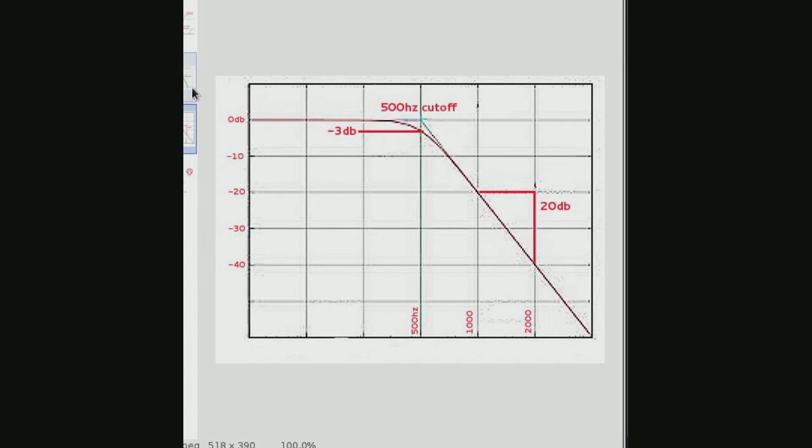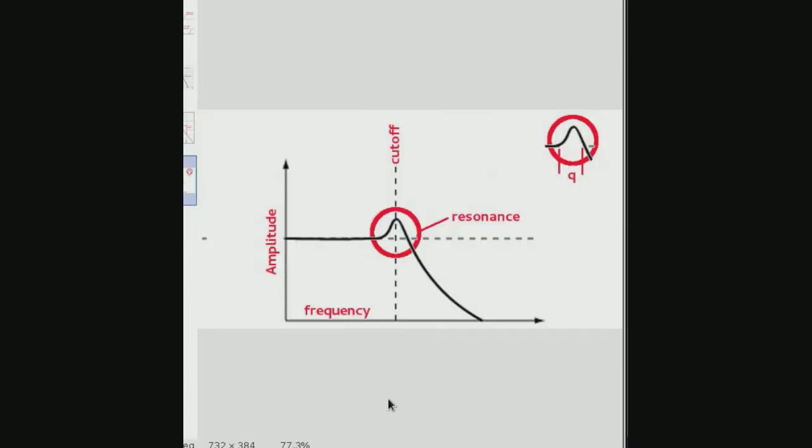Now, there's another thing that's done, and let's look at that in detail, and that is resonance. Here again is our curve: amplitude, gain, volume, whatever you want to call it, how loud the signal is. Here's frequency. If this is my cutoff frequency, there's a thing called resonance, and we talked about this. We actually looked at it a little bit in the Calf Monosynth video, but this resonance means that I don't start rolling off that 3 dB.